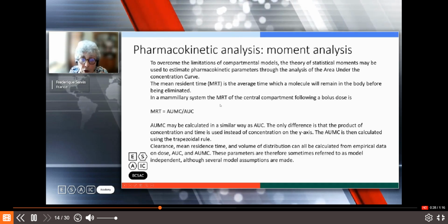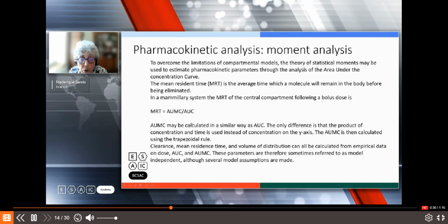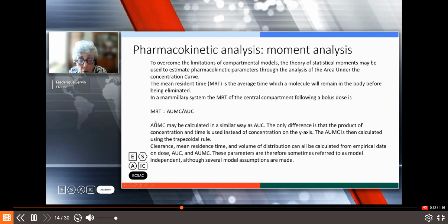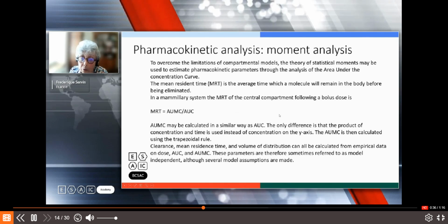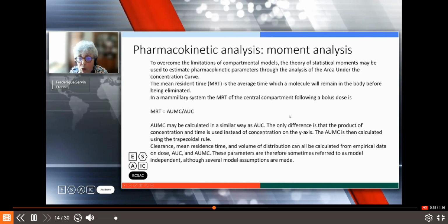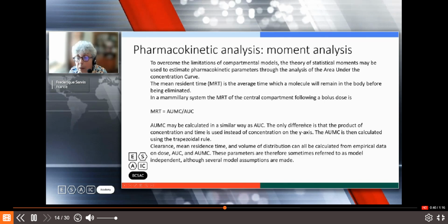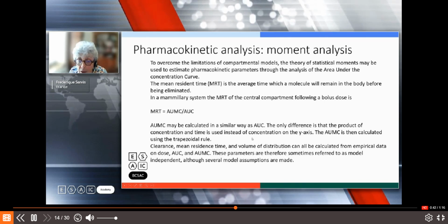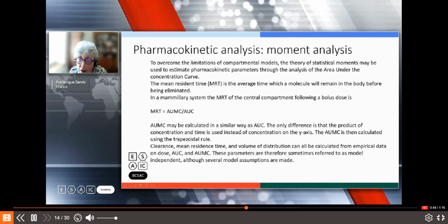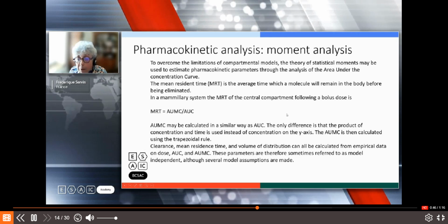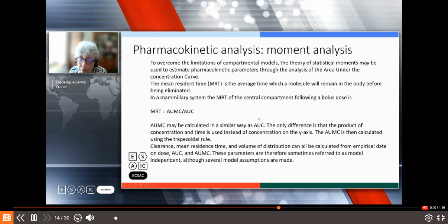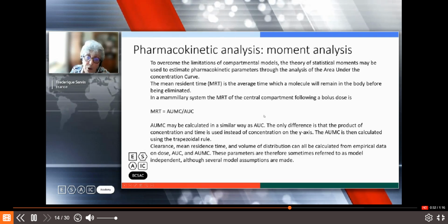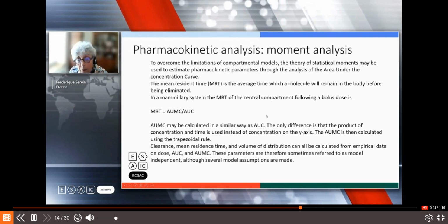And to study this mean residence time, you will calculate what is called the area under the moment curve, which is rather like the usual AUC, but you don't take the concentration as the y-axis parameter, but you take in that parameter the product of the concentration over the time.